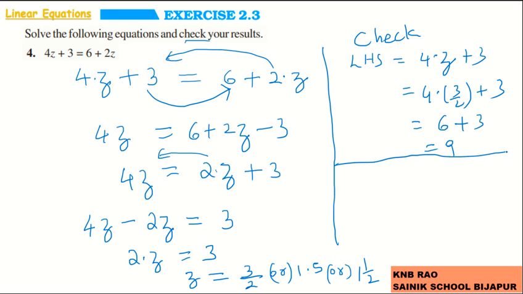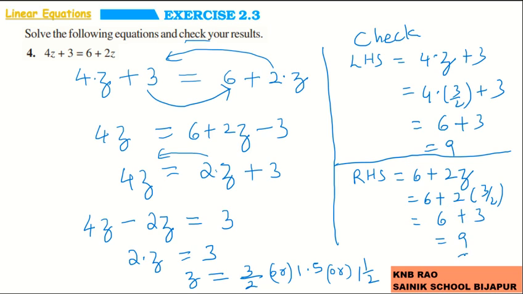This I have done for the left hand side. Right hand side I am checking now, where right hand side is 6 plus 2z, so 6 plus 2 times 3 by 2, or 1.5, which equals 3. 6 plus 3 is again 9.